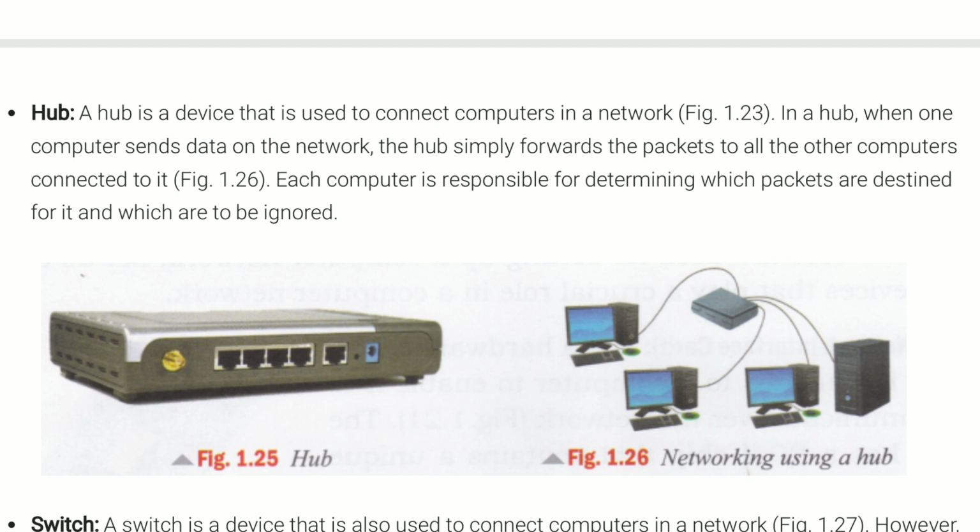It acts as a centralized connection to several computers with the central node or server. It is a multi-port device which provides access to computers. It is a device that connects computers in a network.